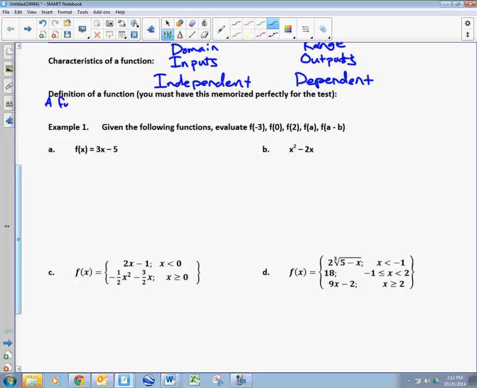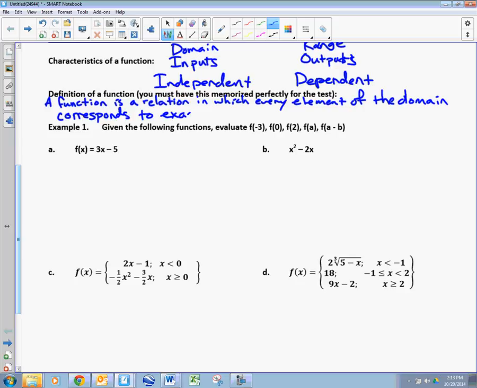A function is a relation in which every element of the domain corresponds to exactly one element in the range.